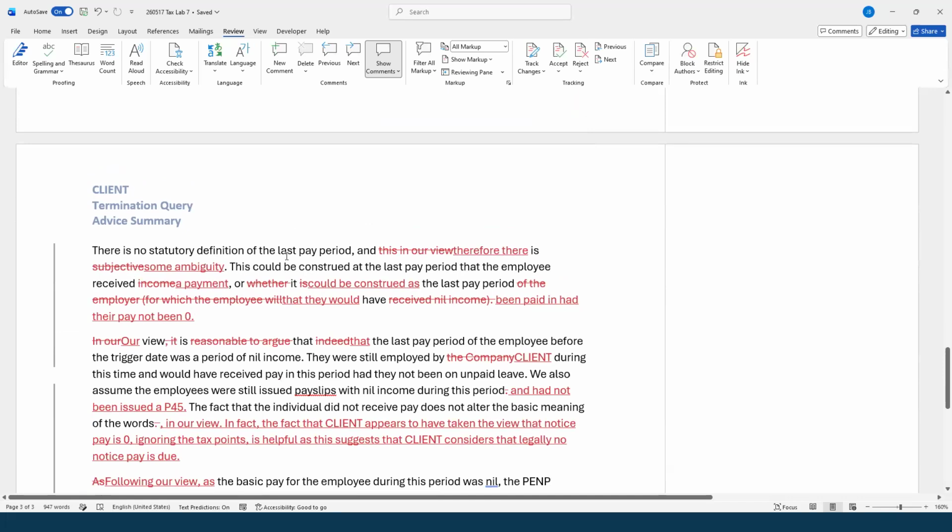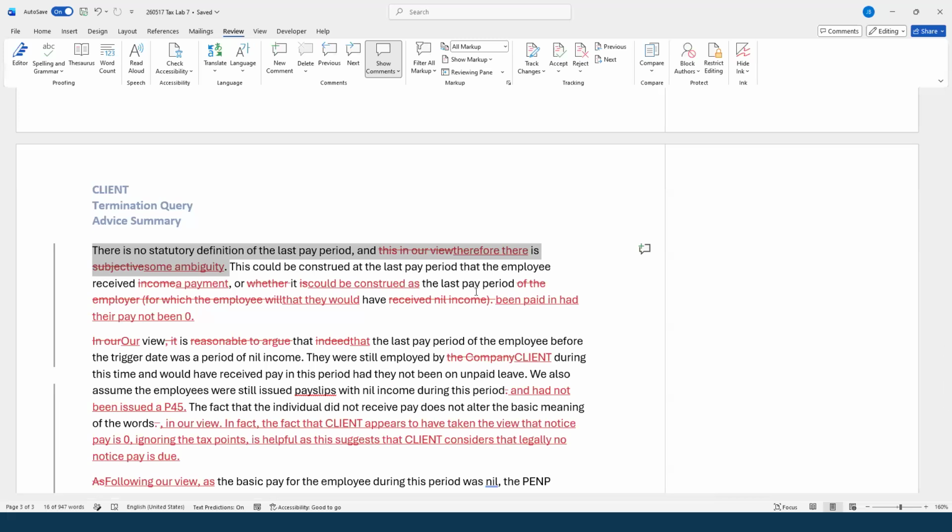There's no statutory definition of the last pay period, and therefore there is some ambiguity. Okay, so basically, again, there's another ambiguity. There's ambiguity around whether or not this payment meets the definition of redundancy payment, and there's ambiguity around what is considered to be the last pay period.